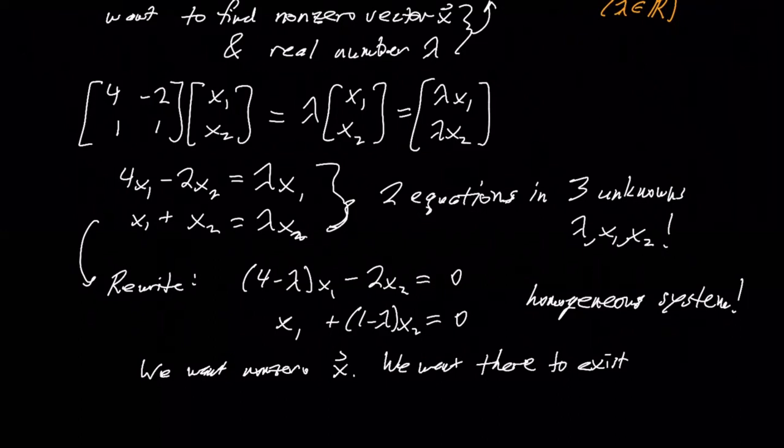But if we're trying to find lambda, x1, x2 to satisfy this equation, we're looking for a non-zero vector x. We want there to exist non-trivial solutions to this homogeneous system.